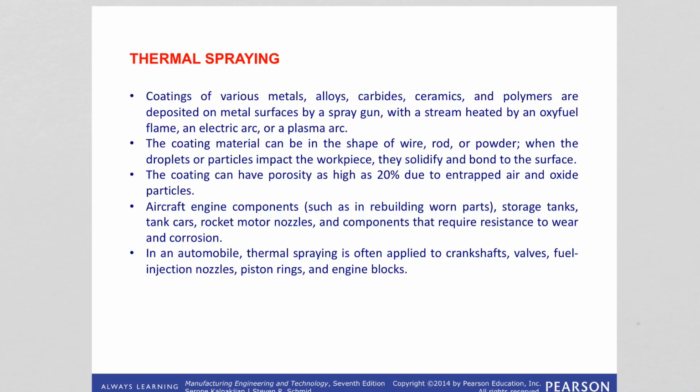Thermal spraying is a process in which coatings of various metals, alloys, carbides, ceramics, and polymers are deposited on a metal surface by a spray gun with a stream heated by an oxy-fuel flame, an electric arc, or a plasma arc.